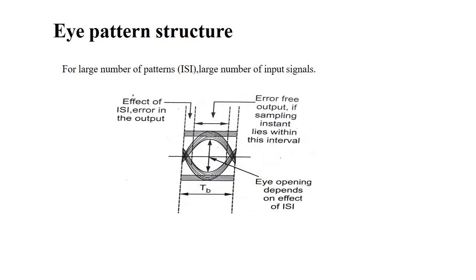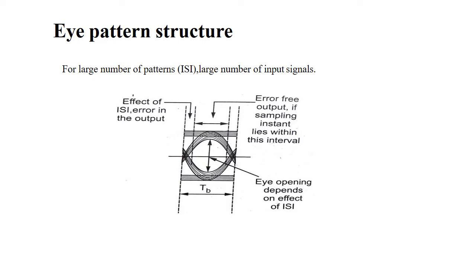So here is the I pattern structure. For a large number of patterns, the ISI will be large for a large number of input signals. The name I is given because it looks like an I. The pattern will be obtained by CRO. The pattern is obtained when a large number of bits of the sequence are overlaid as I patterns. Then it denotes the effects of ISI error in the output.